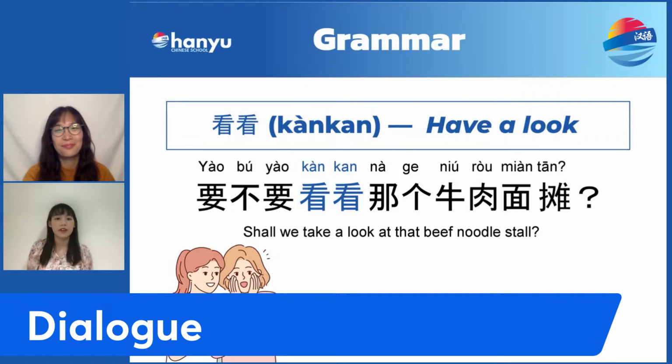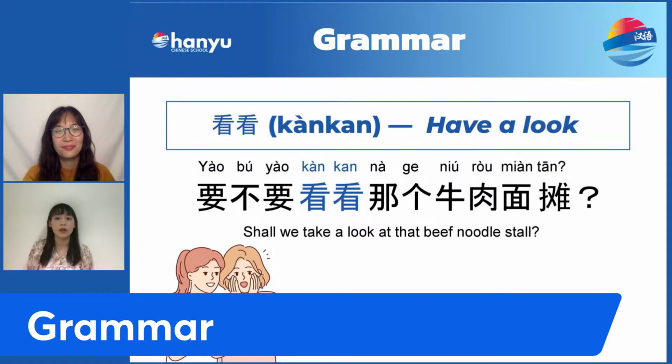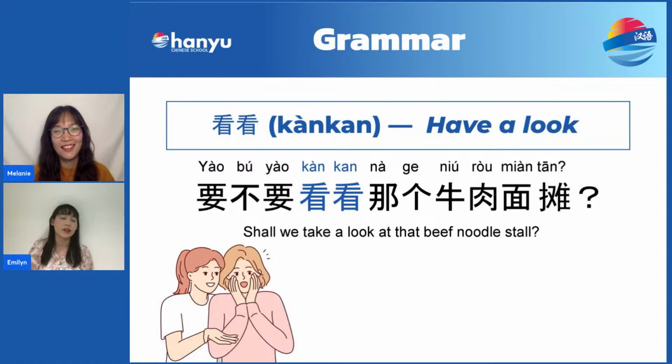It helps soften a request and make a suggestion more friendly, or simply express a quick try or a light action. So in the dialogue we use 看看, 试试, 听听. We simply repeat the verb: 看 to 看看, 试 to 试试, and 听 to 听听.